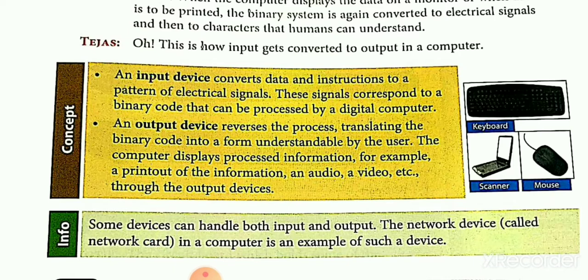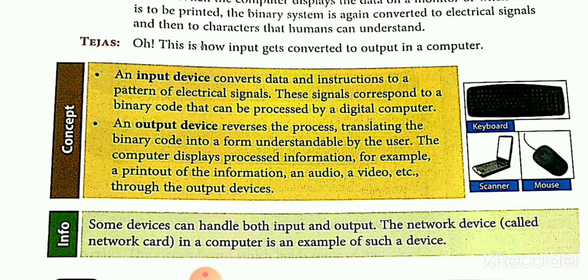An input device converts data and instructions to patterns of electrical signals. These signals correspond to a binary code that can be processed by a digital computer. It means the signals are converted into the binary code and this is processed by a digital computer.